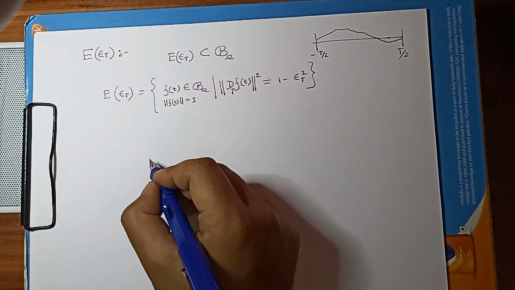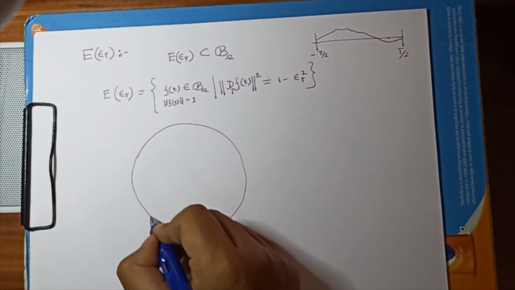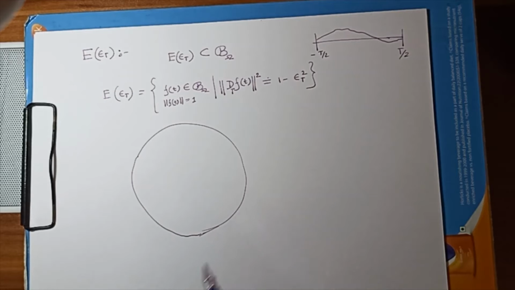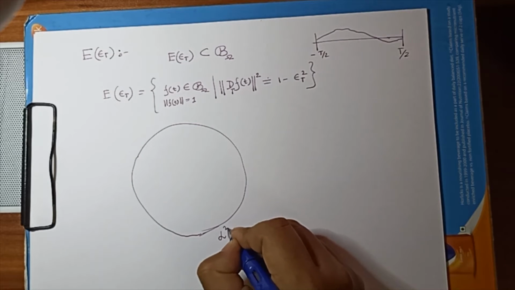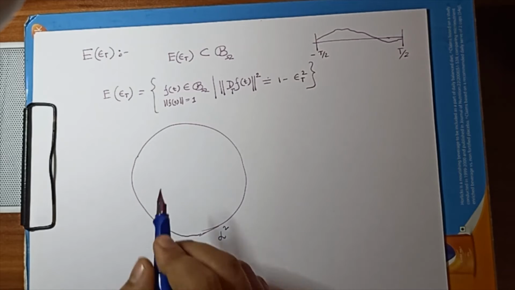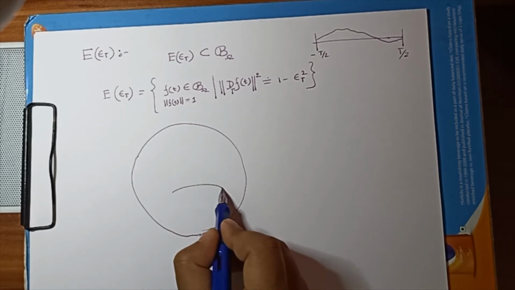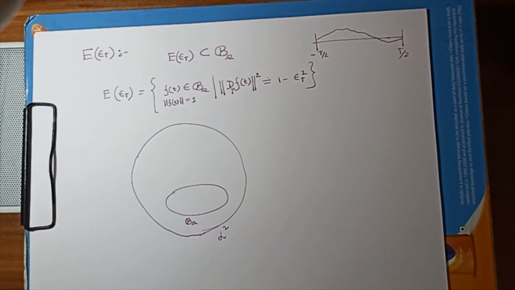So let us draw some diagram. Let us assume that this is a space of L2 functions in general. Out of this L2 space, there are some spaces. For example, one is the band limited signal space B. This is a subspace.